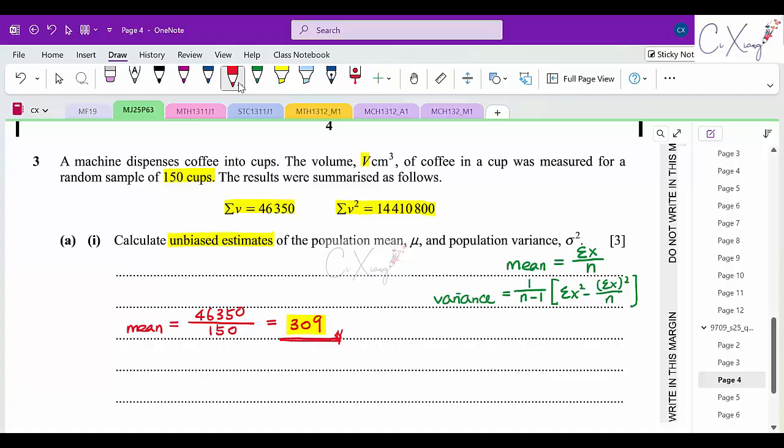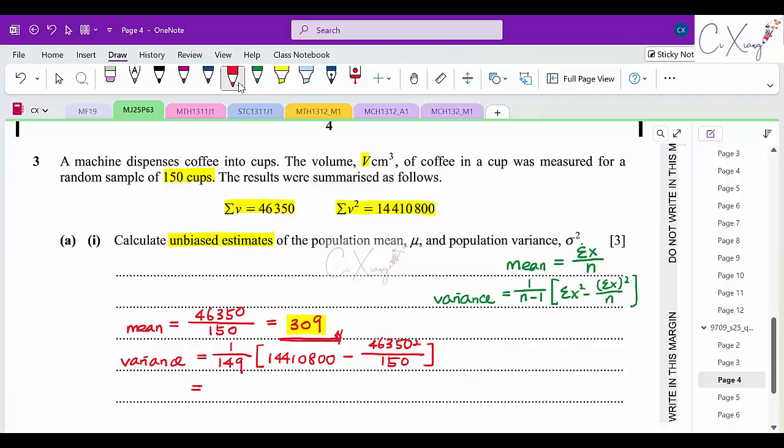Then let's go and get the variance. The formula for the variance is 1 over n minus 1, so 1 over n minus 1 will be 149, times summation of v squared, 14410800, minus the summation of v, 46350, squared, divided by n, which is 150.